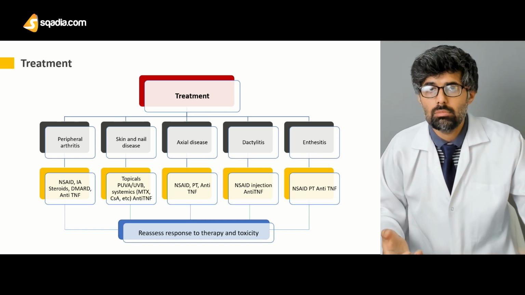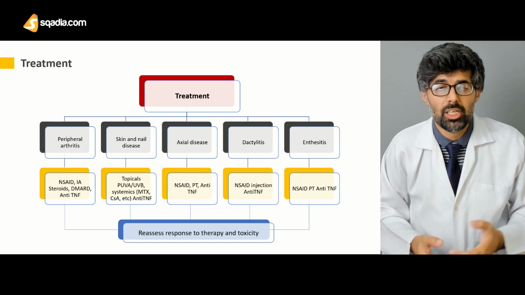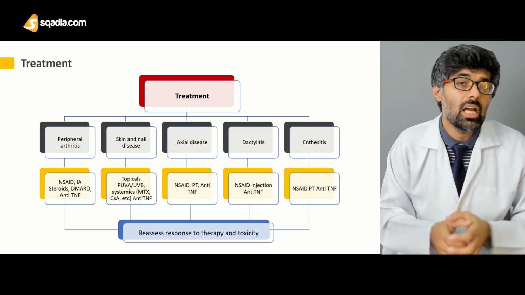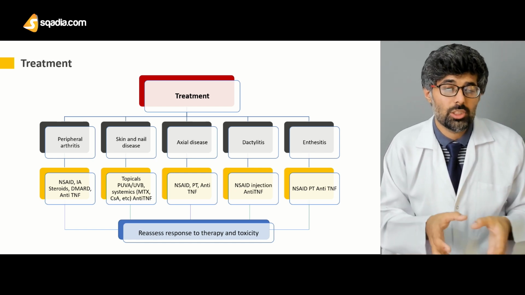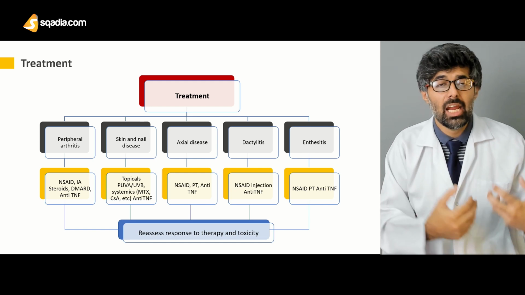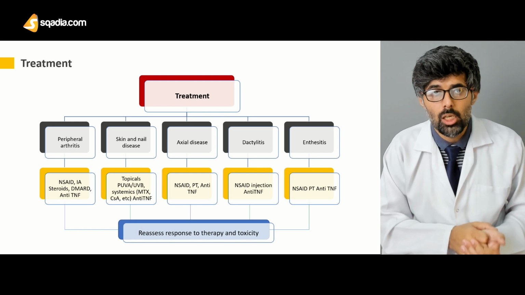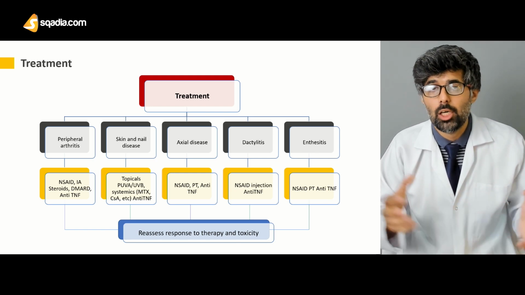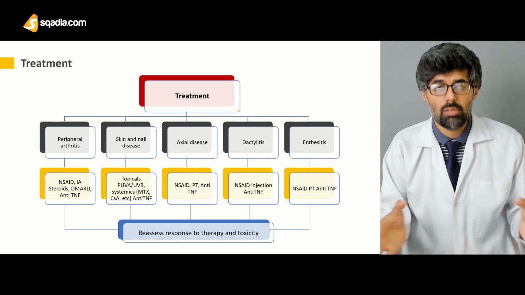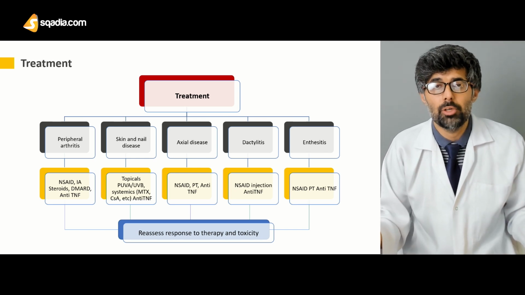For example, the immunosuppressive drugs, methotrexate and cyclosporin, have huge toxic effects on both kidneys and lungs. They are very hepatotoxic and nephrotoxic. So if your patient is showing some kind of toxicity, you can even modify this treatment.